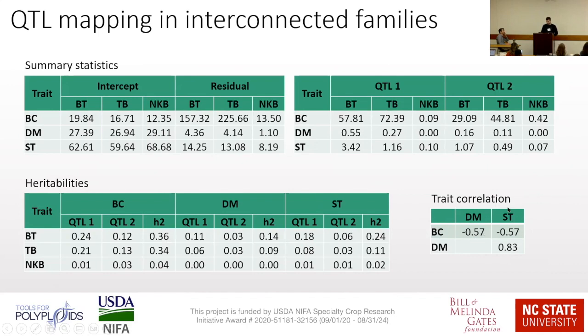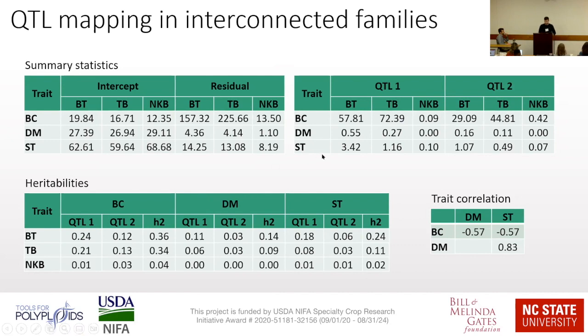Between beta carotene and starch, the same. And between dry matter and starch, we have a high positive correlation of 0.83. That shows us that the results are pretty much consistent, because we found the same QTL for all of them in the joint analysis, supported by the individual population analysis.